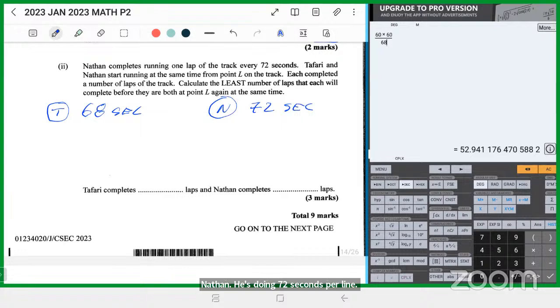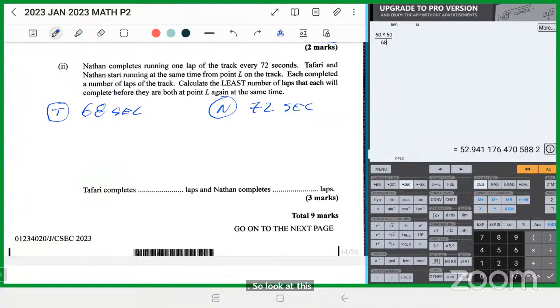So this is kind of nice because 68 is a multiple of the difference between the time of 4. And 72 is also a perfect multiple of 4. So he is doing 4 seconds slower every lap than Tafari, while at the same time, Tafari is doing 4 seconds faster. So look at it this way.